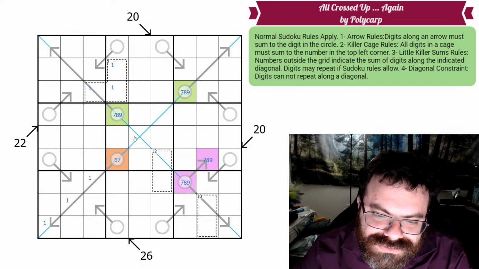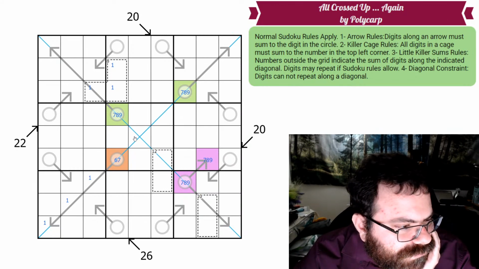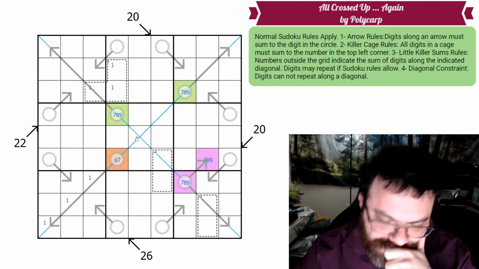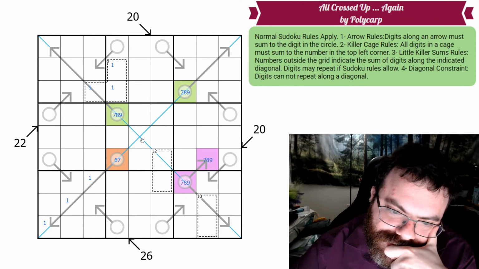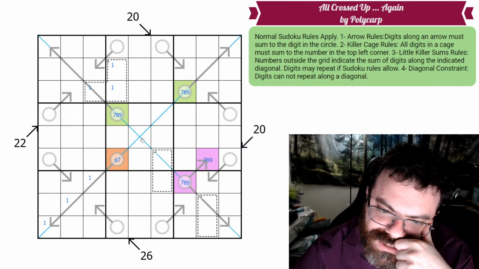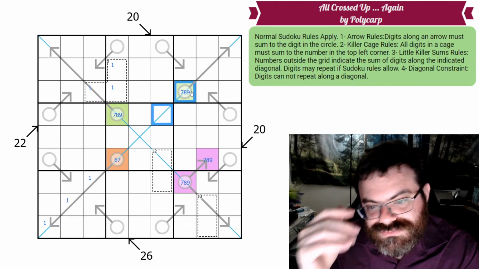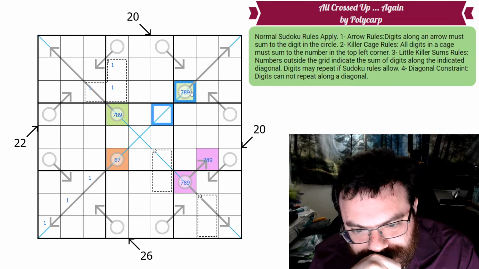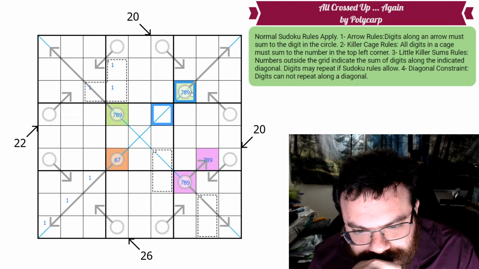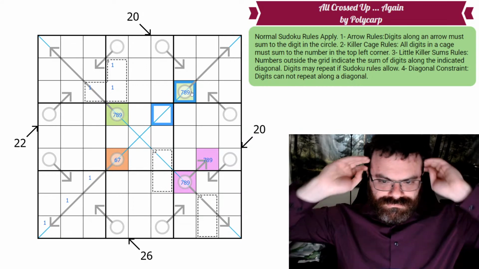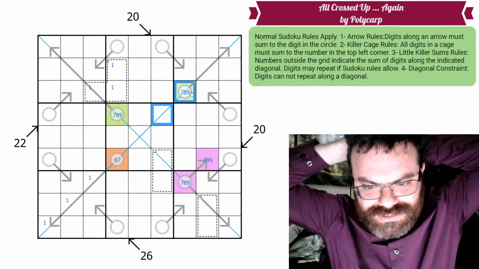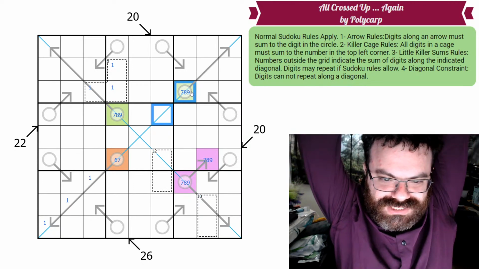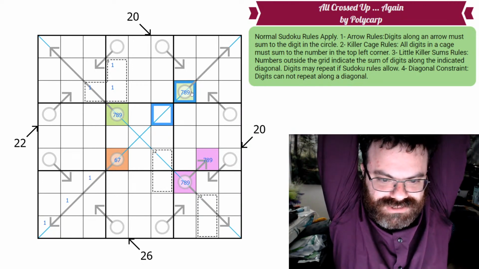So that's a contradiction. The center is not 9. The 9's in one of these two. In fact, a 9 can't go anywhere else. So one of green and purple is a 9? Is that what we determined there? Yeah.